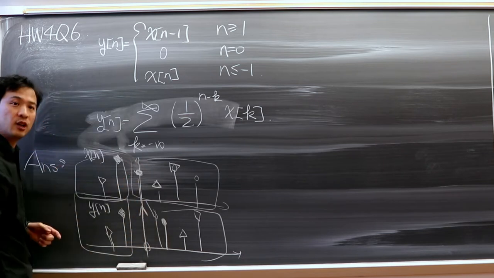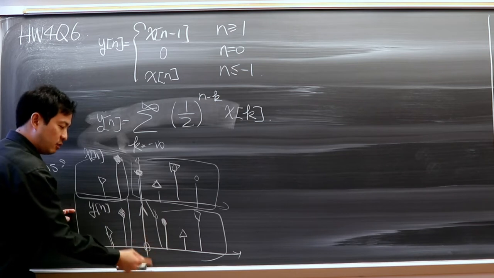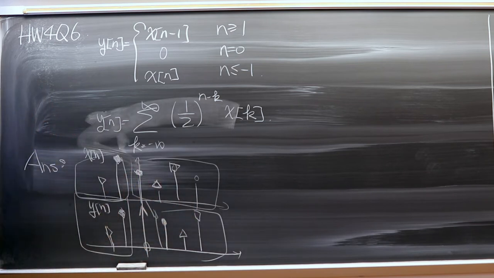That will give me the original signal, right? Whatever signal I have, I'm going to get rid of the 0, move it back, and then I get the signal here.